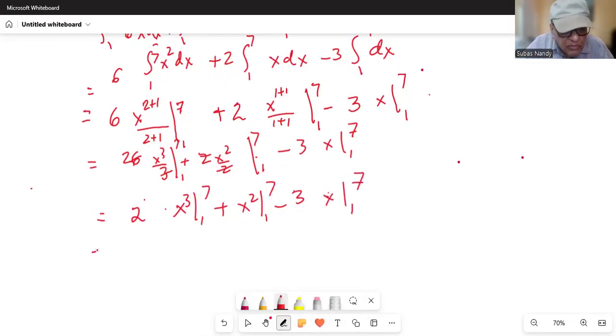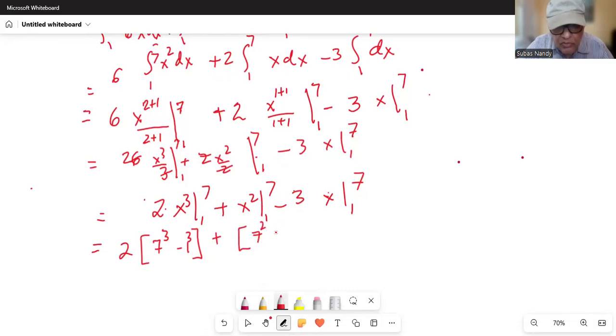So this will become equal to 2 times, inside the parenthesis, the upper limit 7 cubed minus 1 cubed, plus x squared, in parenthesis, 7 squared minus 1 squared, minus 3 times the upper limit 7 minus 1.